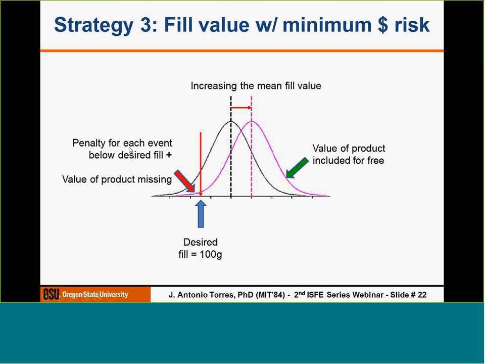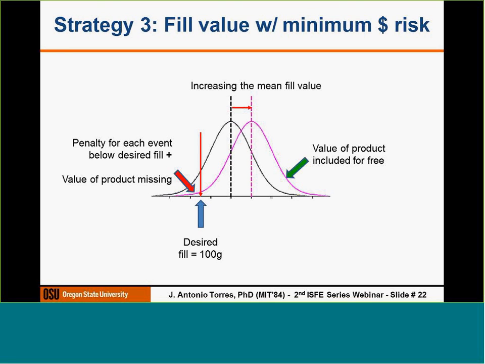One, the penalty on us for an event where we measure the weight of a pouch and it is below the fill setting of 100 grams. $100, $1,000, $10,000, whatever amount you put in the contract with this company, or the penalty the government sets on you if you miss a weight setting or claimed amount of product in the pouch.